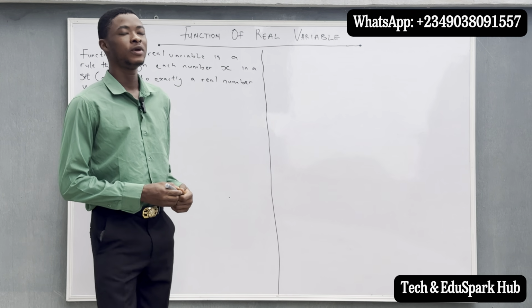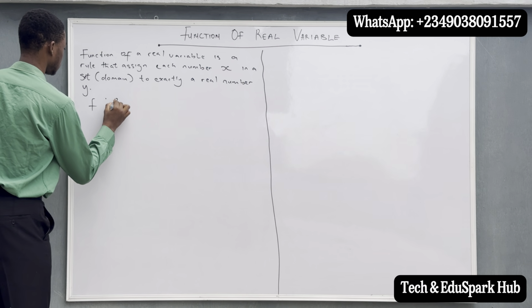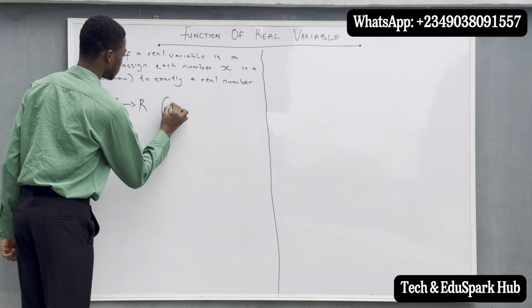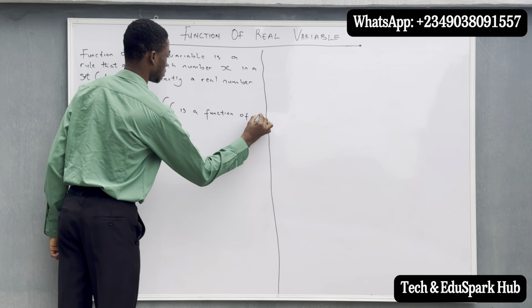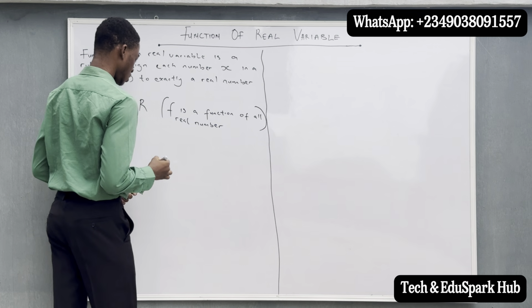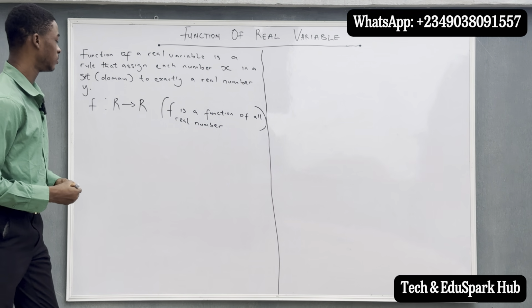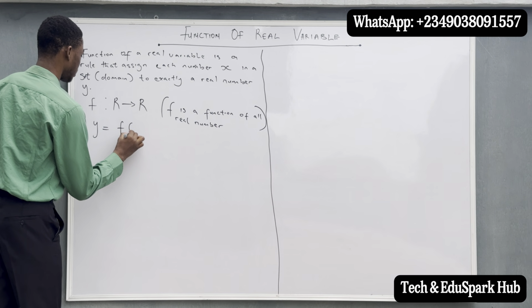And mathematically, we have f, where f is a function of all real numbers. This is the mathematical representation of function of real variable, and we have y equal to function of x.